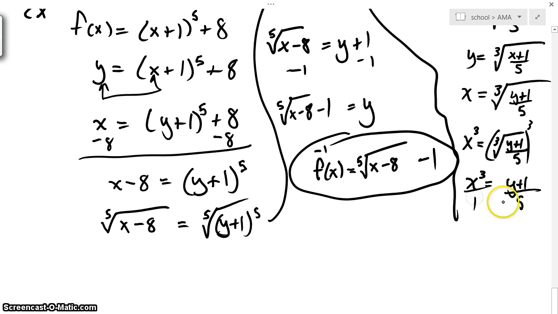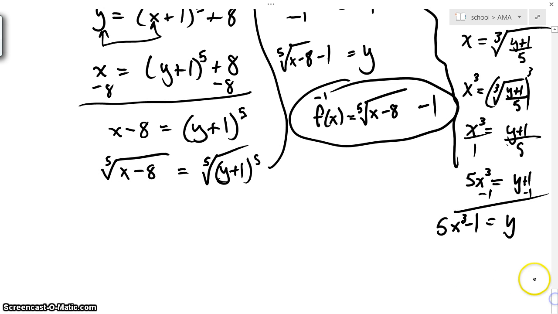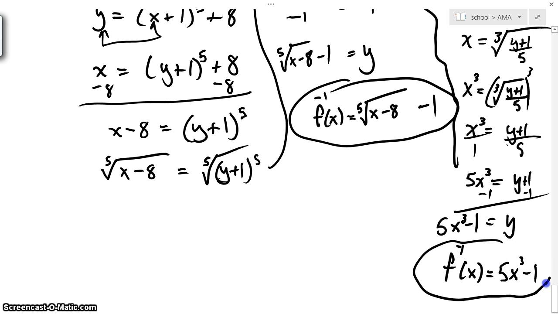Tell you what, that's x cubed all over 1. You can cross multiply if you would like, or just multiply both sides by 5. That would work. Now minus a 1, and you'll have y is equal to 5x cubed minus 1. But you might not be surprised, we're going to finish this off by writing f inverse, f negative 1 of x, of 5x to the third minus 1.